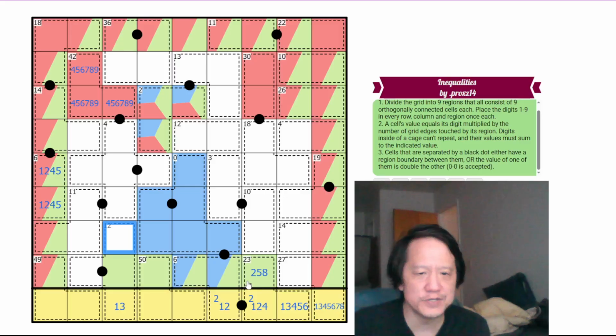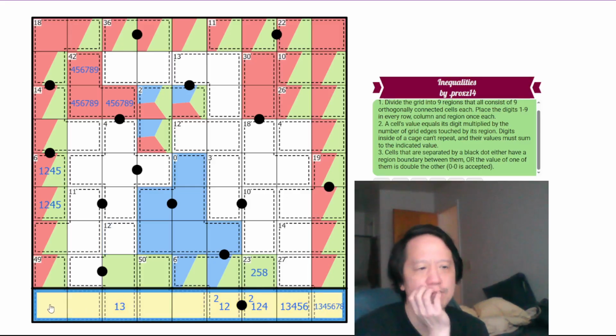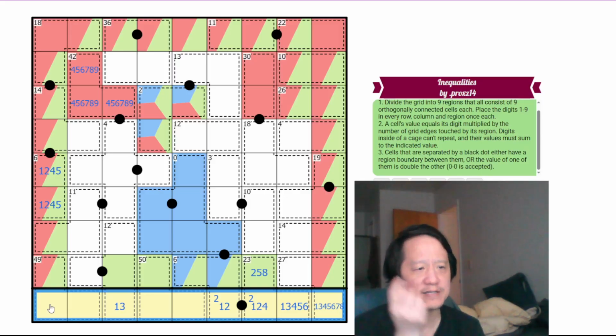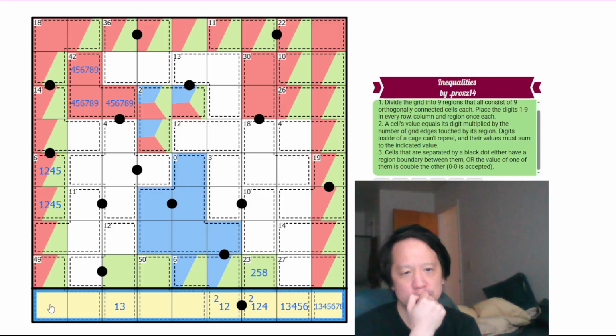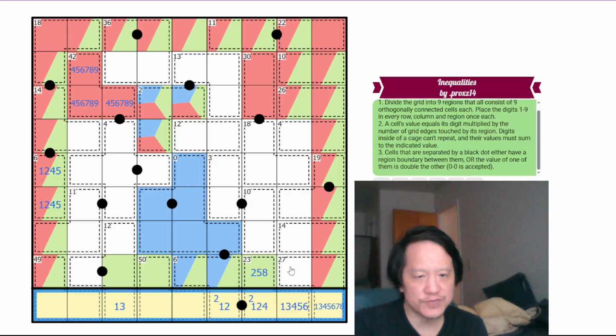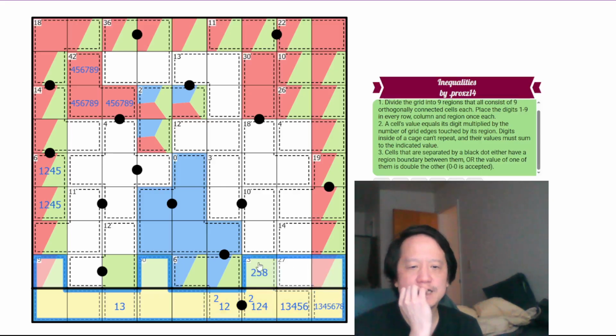We know this adds up to 135, because it's 1 through 9 times 3, which is 45 times 3, which is 135. This is 50 here. 99. So 50, 99. That's really restrictive, isn't it?